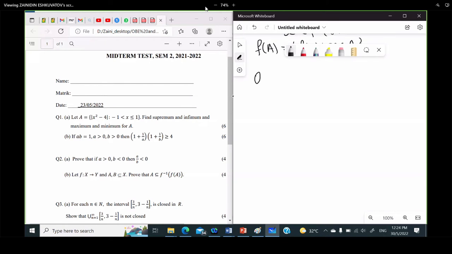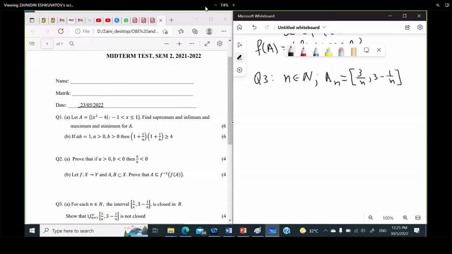Okay, in Q3, yes, I made one mistake, but that one I ignored. I didn't deduct any marks for it, because when I checked, I didn't properly check this interval. So the small n belongs to the capital N, the natural number set, and we consider this interval. Actually, I should put 2 over n here, but it gives the same solution.